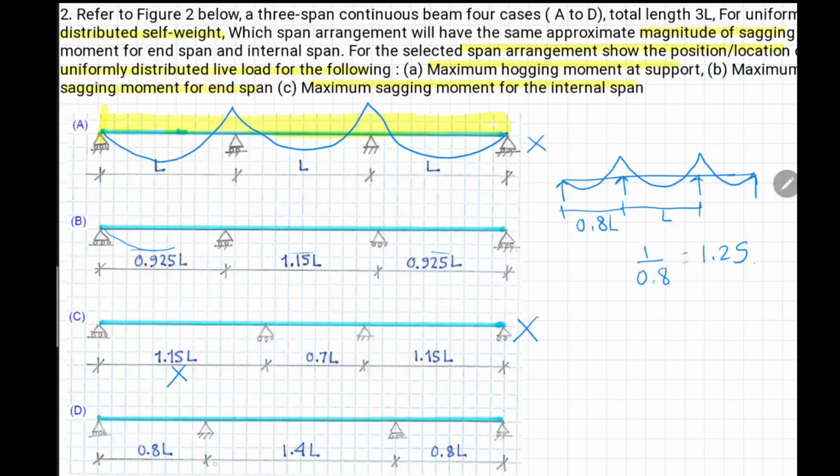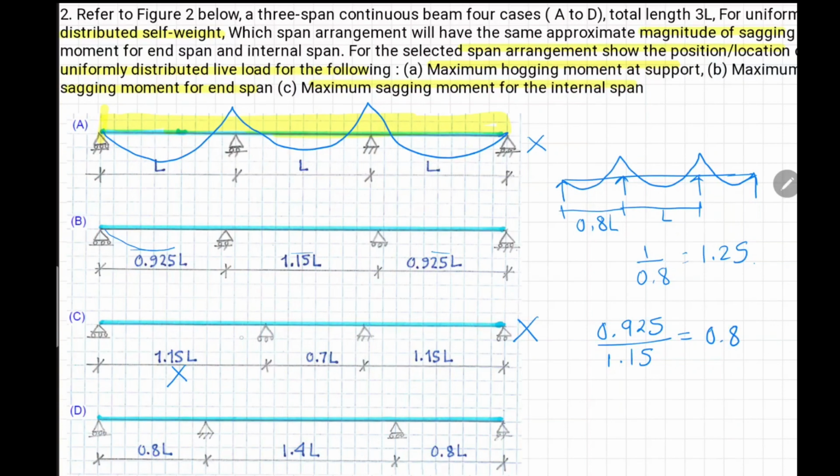Let us try this case. Here we have end span 0.925 divided by internal span 1.15, which is 0.8.